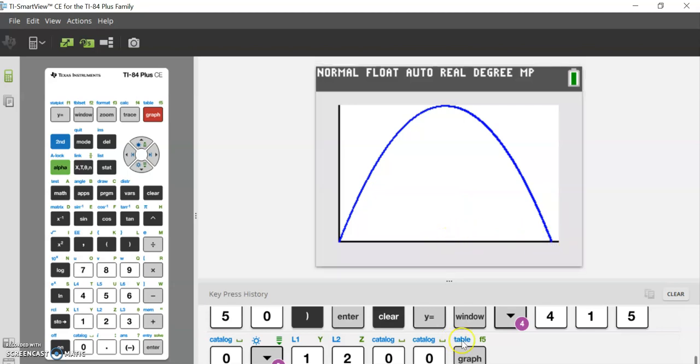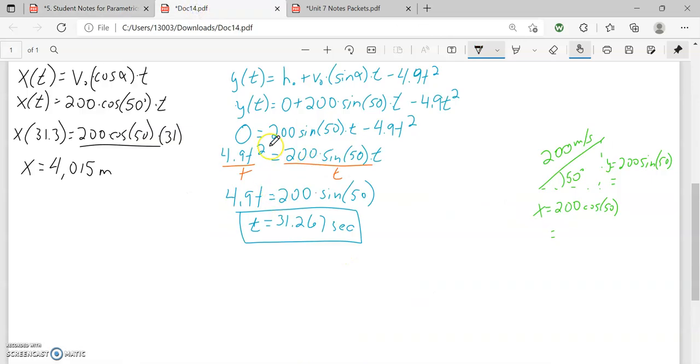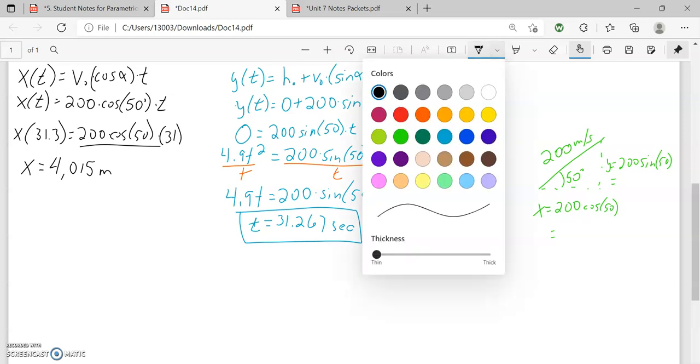So when the question asks what is the maximum height the projectile reaches, we can just plug in all of the math we've done. We can plug half that time into the y equation. Because we wanted to know when it was on the ground, we set this to 0 and determined our t value. We can also just as easily do this.